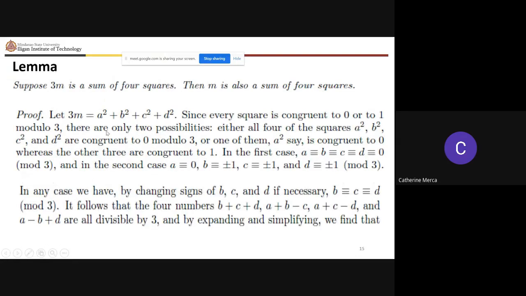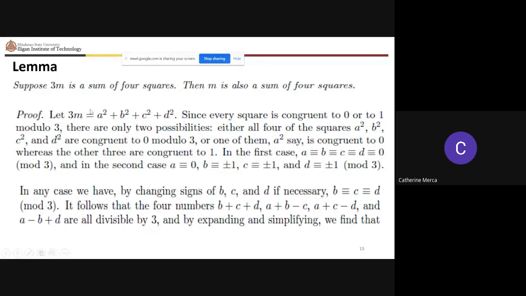But the lemma here is quite important: if 3m is a sum of four squares, then m is also a sum of four squares. For example, 3m equals a squared plus b squared plus c squared plus d squared. This is actually the proof.